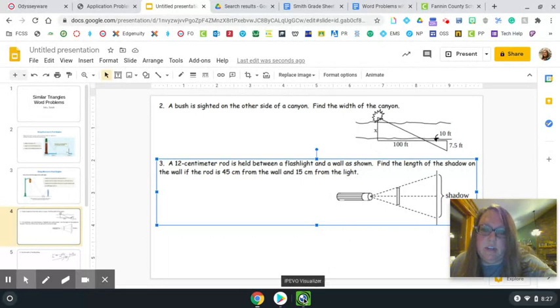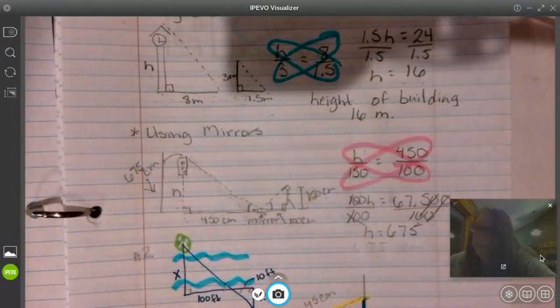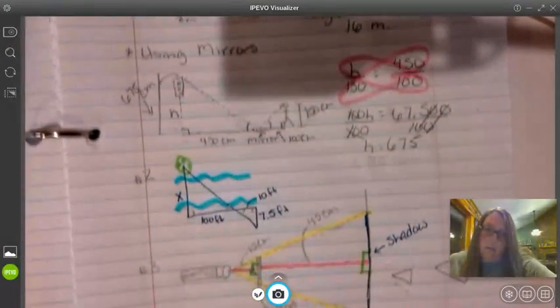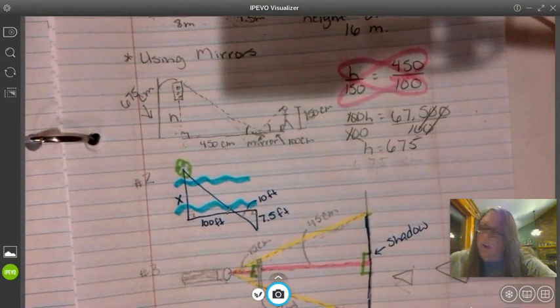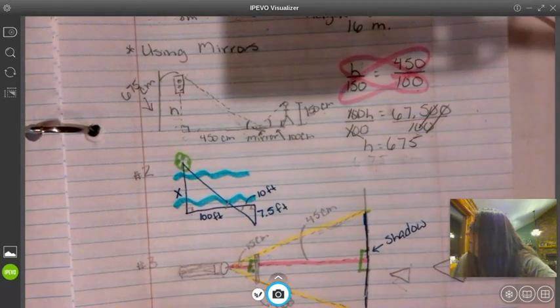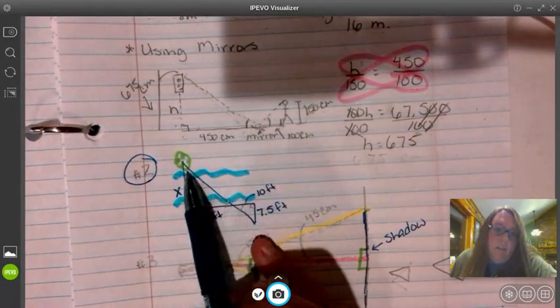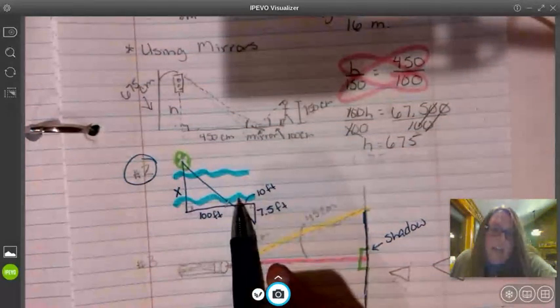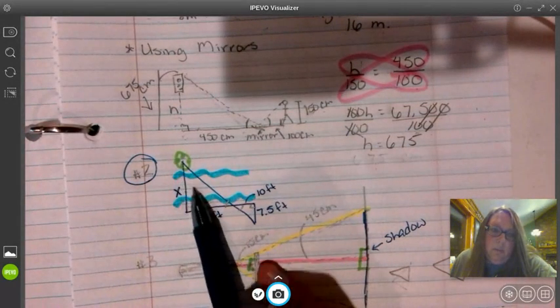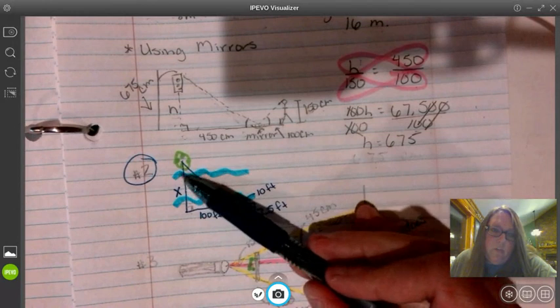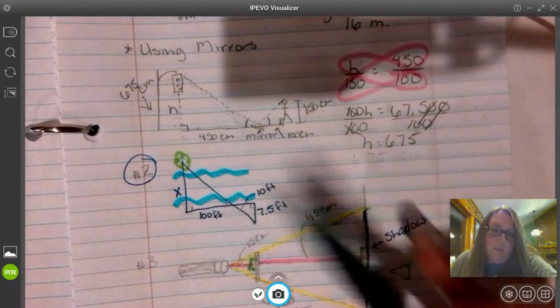I'm going to come over here to my sheet so that we can look at this a little bit better. You'll notice I've got number 2 right here. So we have the bush and we have this canyon. This is the X. So we're looking for the distance from one side of the canyon to the other side of the canyon.